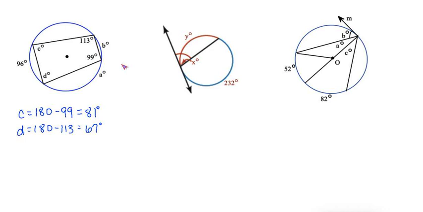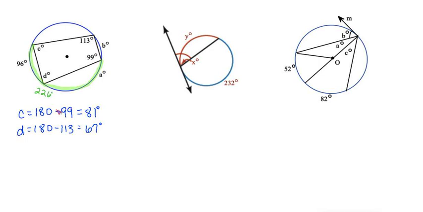Next, let's look at this 113-degree angle. The arc that it intercepts is 96 and A together. So if the inscribed angle is 113 degrees, its intercepted arc is going to be, that's right, 226 degrees.